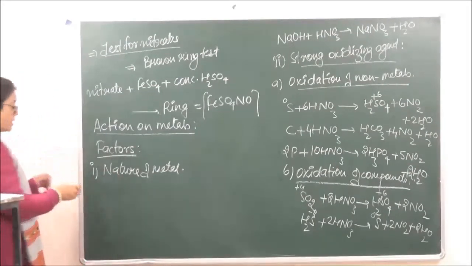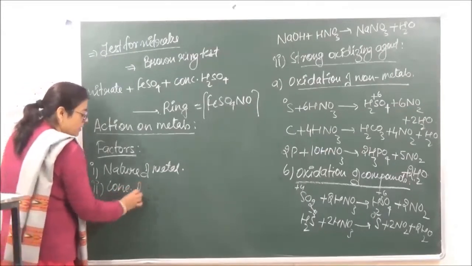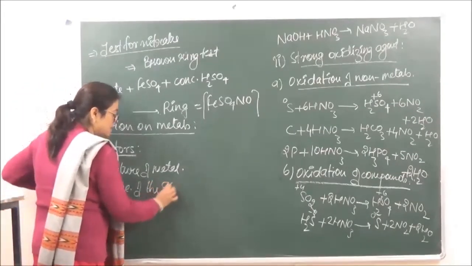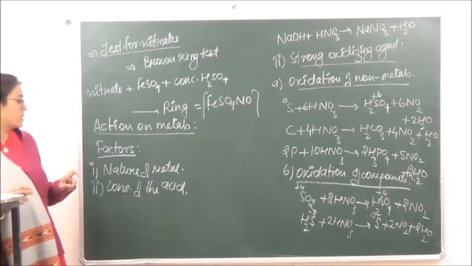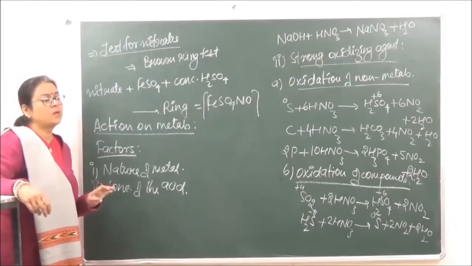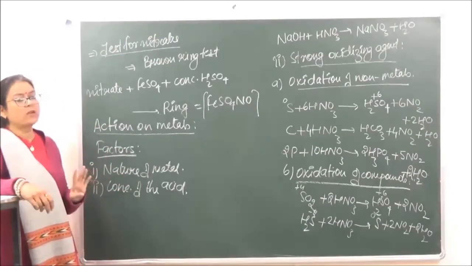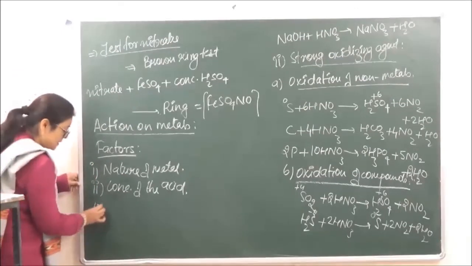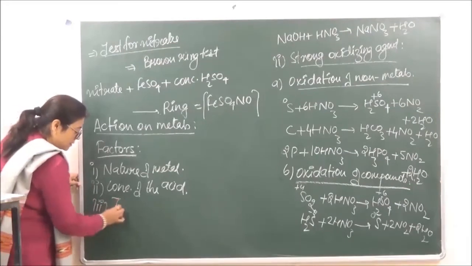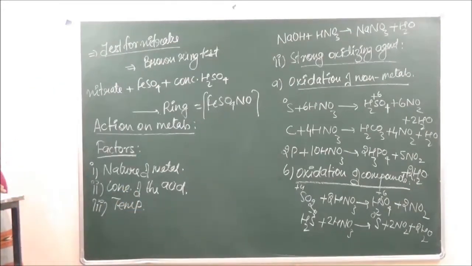The second factor is concentration of the acid. As I just told you कि हमें 3 तरह के reactions इसमें discuss करने हैं. एक हम discuss करेंगे with very dilute acid, एक with dilute acid and एक with concentrated acid. ठीक है? Then number 3, temperature is also going to affect the reactions.